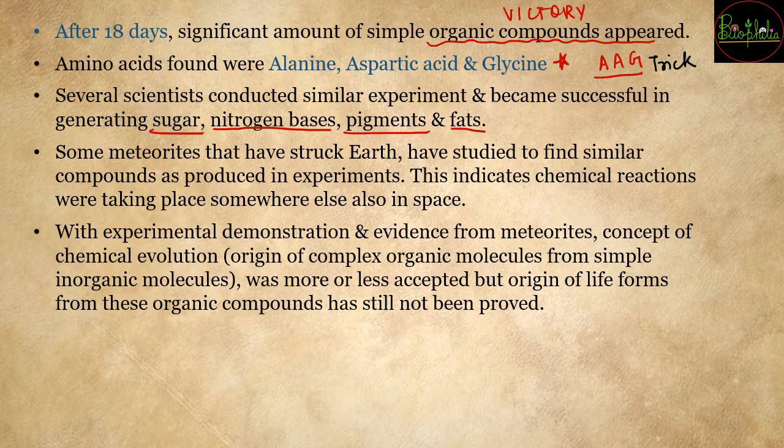So they wanted to check whether something like this had happened. There was also evidence coming from meteorites. The meteorites that had struck the earth had similar kinds of compounds, and those compounds were identical to the compounds formed in the experimental situation. So it could also be said that on some other planet too, such reactions might be happening.